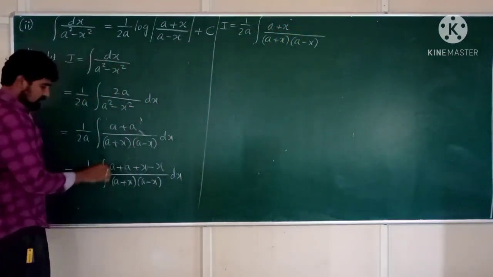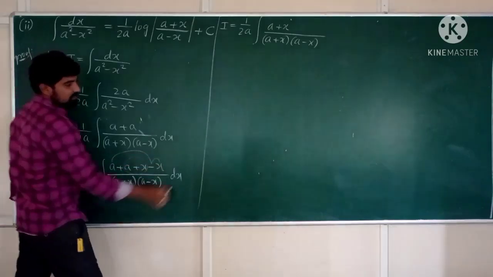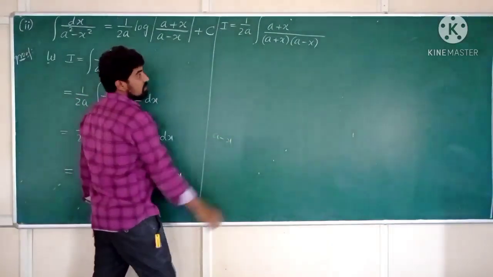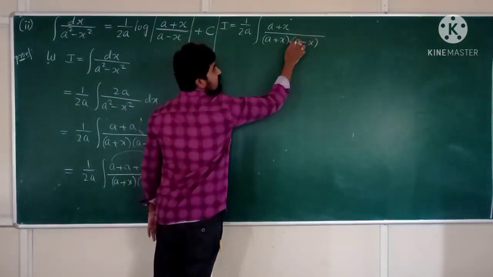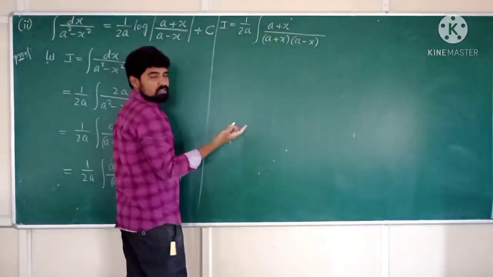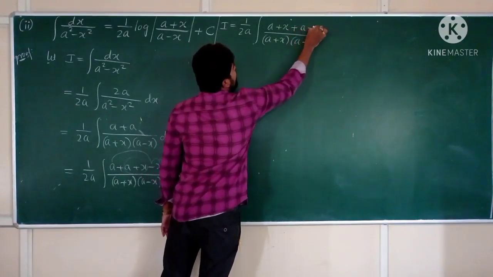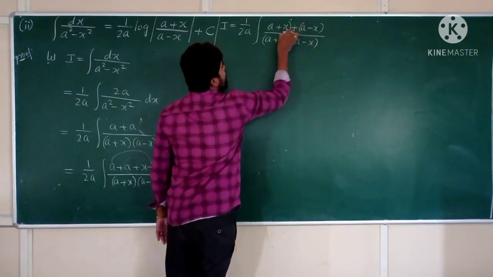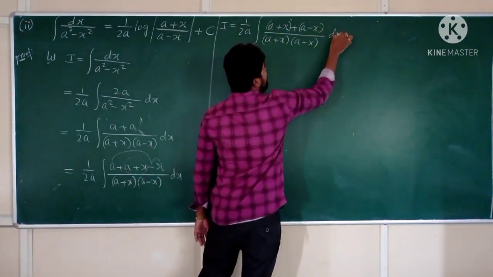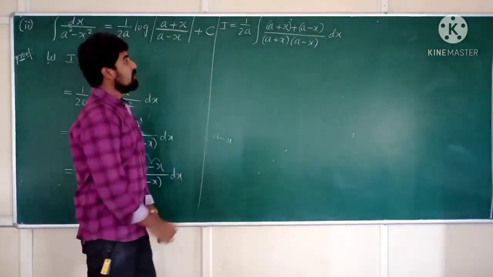Now the next two terms a minus x, so a minus x. So here the factor which is used in the denominator is also a minus x, so no need to take minus as a common, as it is plus (a minus x). I hope all of you understand, with respect to x, dx.